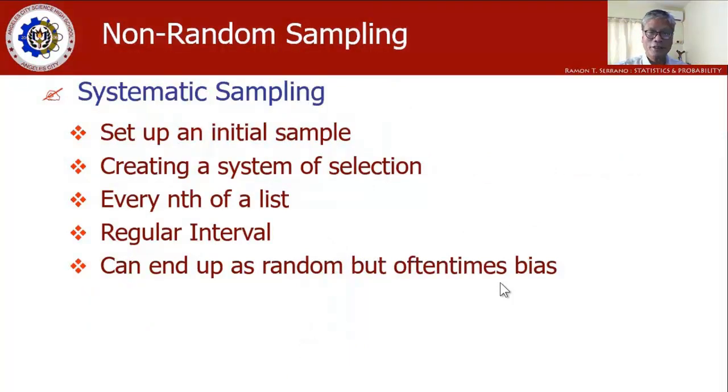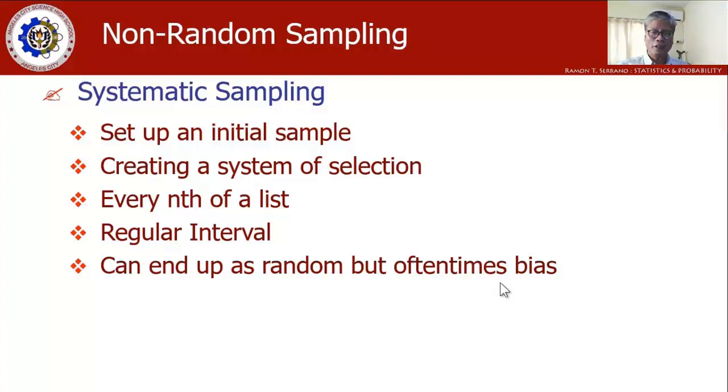Then the next one is systematic sampling. This is where the contradiction arises with other materials. They consider this a random sampling, but in many other books, it's called non-random sampling because, in this way, you set up an initial sample, and then you create a system of selection, like every 10th, every 5th, every 20th. So you make a list, with a regular interval.